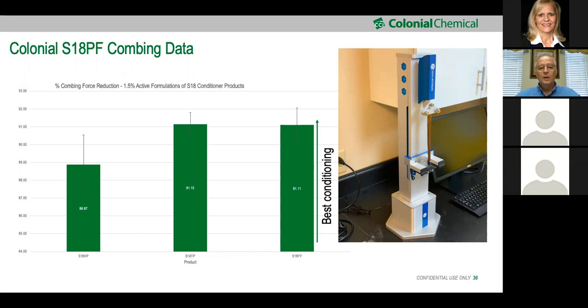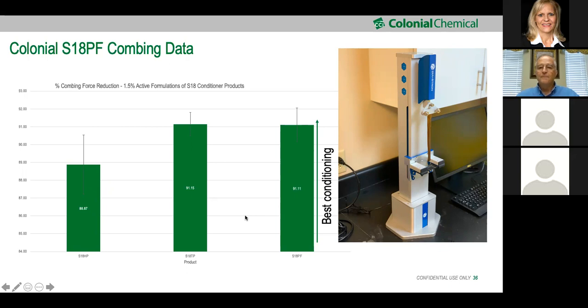So here you see the Colonial S18PF compared to other similar conditioning agents. And here, the higher the bar, the greater the reduction in combing force, which is a good thing. And so you can see here you had a 91% reduction in combing force, and that's compared to just a wet tress that had no conditioner in it.